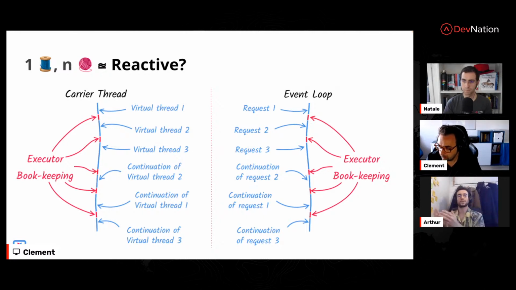So, right, one continuation is going to be a function, a runnable, a callable, and then they're going to be called, and they need to execute from A to Z before being finished. A virtual thread can have several continuations in the same space, and it's going to be unmounted, suspended, and mounted back onto the carrier thread. So the development model is way simpler, as we said.